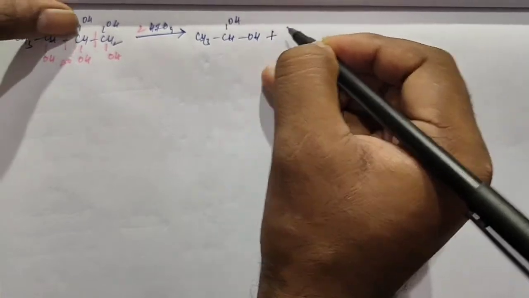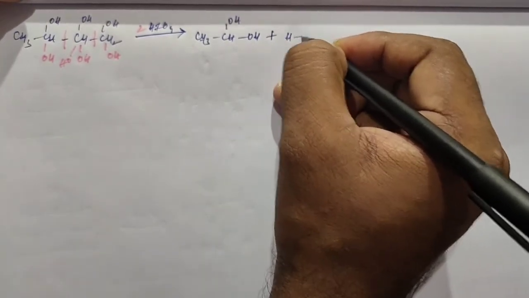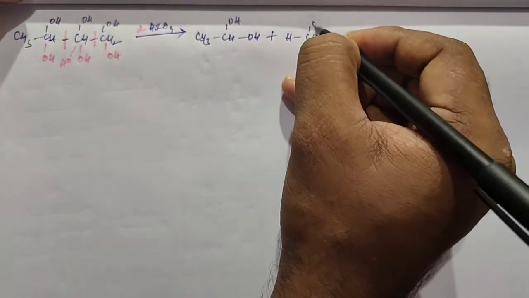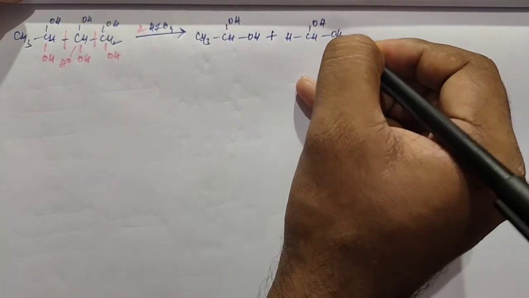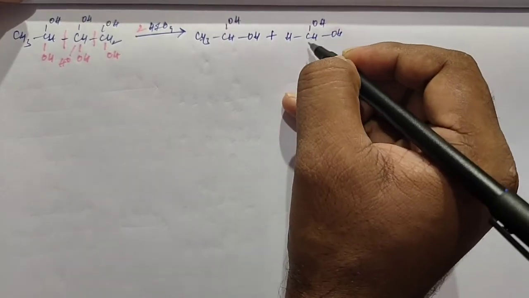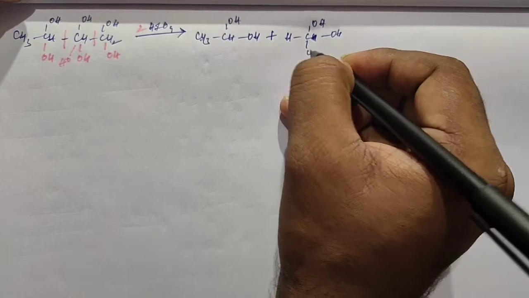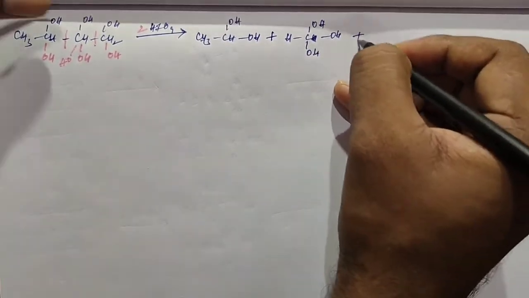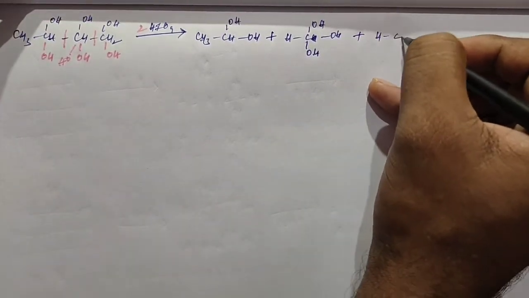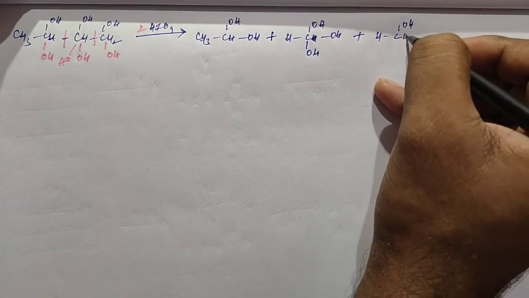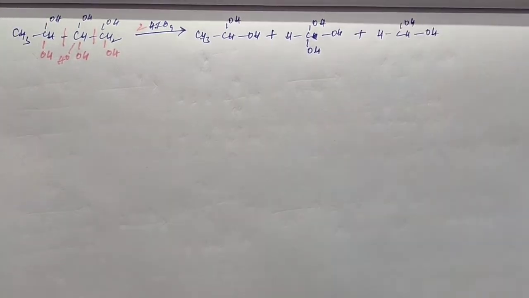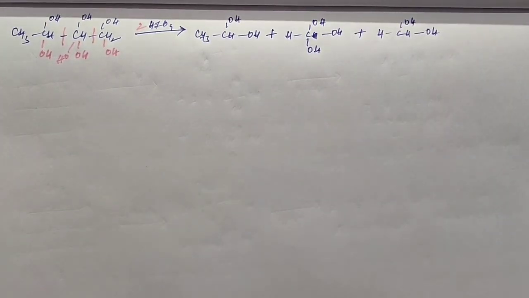This is the first part, and the second part is H, CH, OH, and OH, and OH. And the third part is H, C, OH, and OH. So this is the way of adding hydroxyl groups.